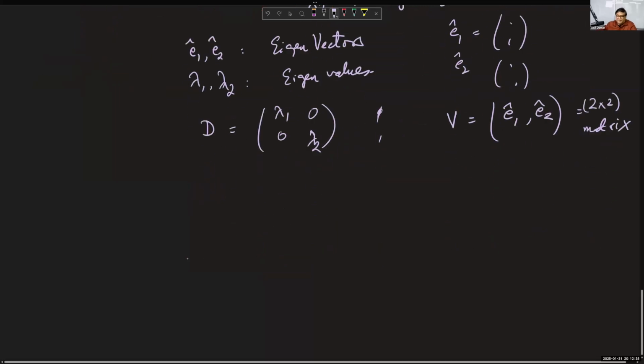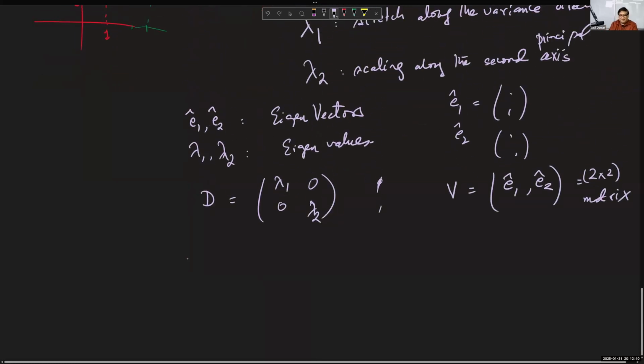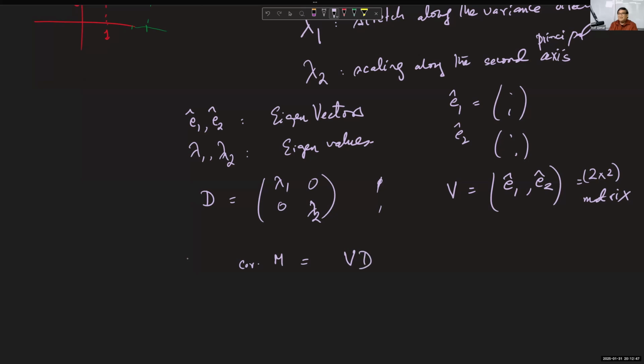So now here's the beautiful thing. What you thought of as the covariance matrix M is nothing but V D V transpose, or V inverse. It is the same as V D V transpose, or the inverse of that matrix. That's all it is. Right?